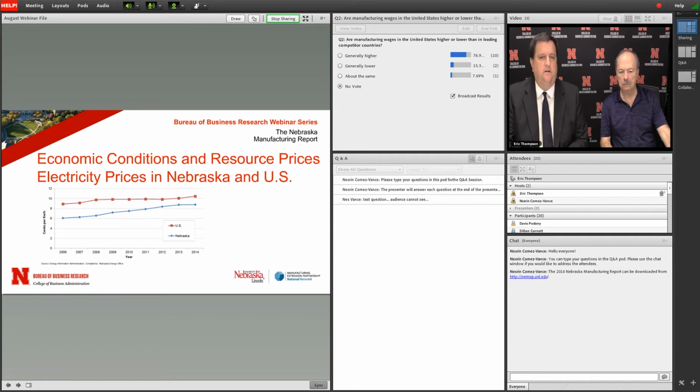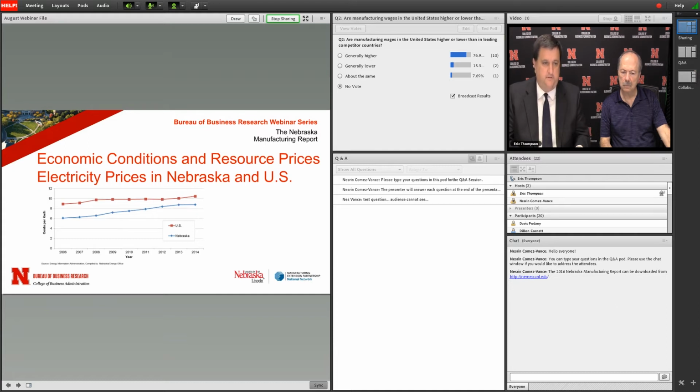What you can see here is that Nebraska has an advantage over the rest of the United States in terms of electricity prices. Generally speaking, the United States has lower energy prices than many other parts of the world. And within the United States, Nebraska has lower energy prices than the rest of the country, and most states, and certainly the national average.